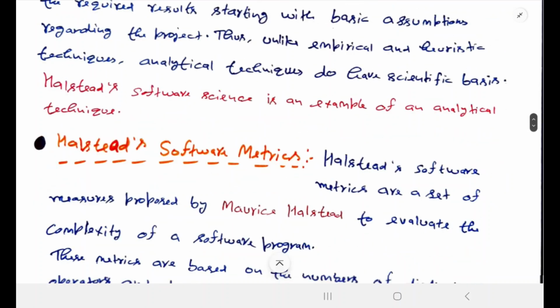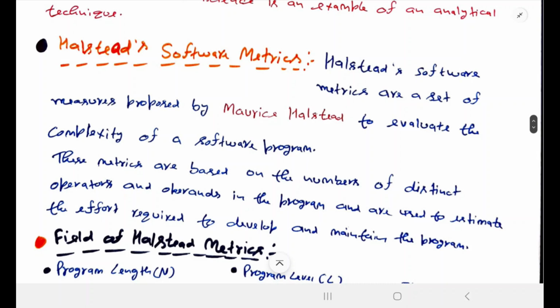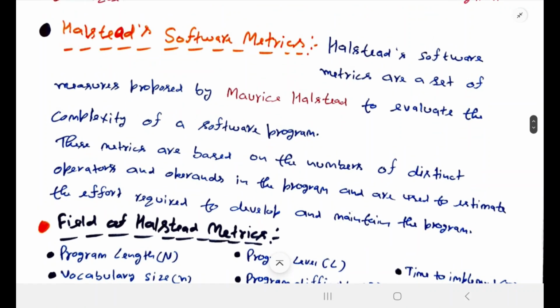So let's start with the Halsted software matrices, and these are called Halsted's software matrices. Halsted's software matrices are a set of measures proposed by Maurice Halsted to evaluate the complexity of a software program. These matrices are based on the number of distinct operators and operands. You all know what operators and operands are, and this technique is based on these.